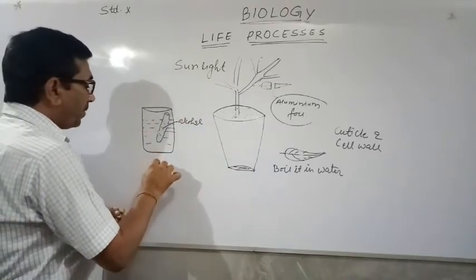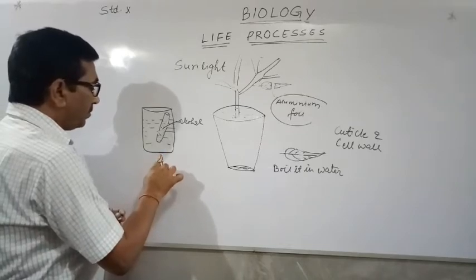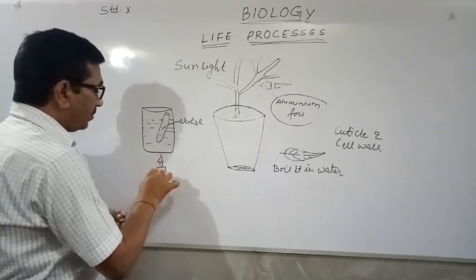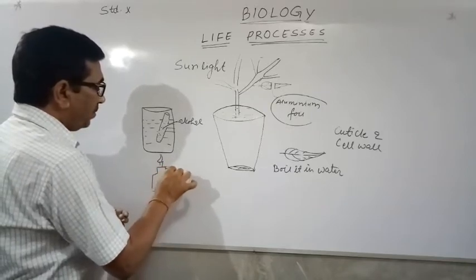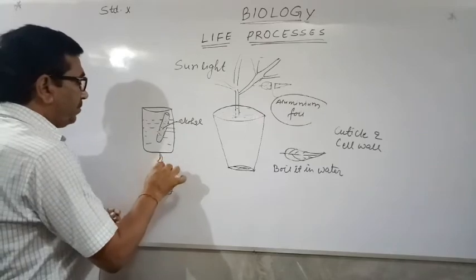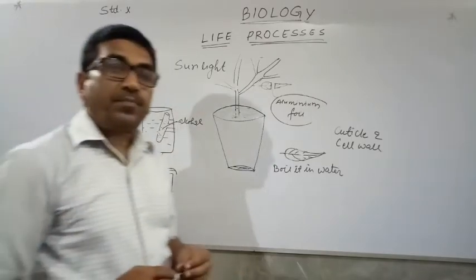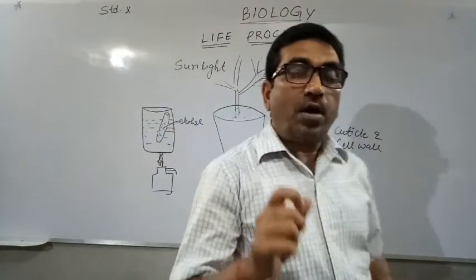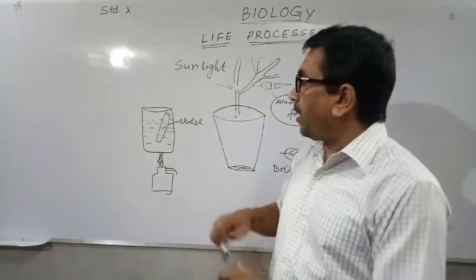Why do we boil it indirectly? If we boil alcohol directly, then it would catch fire. We have kept the leaf in it.